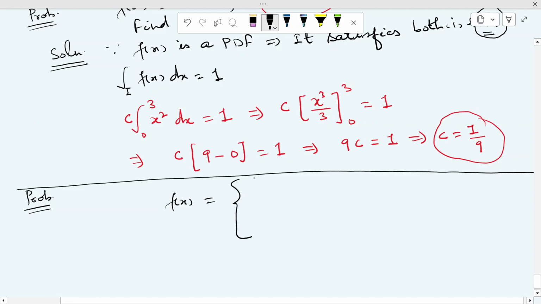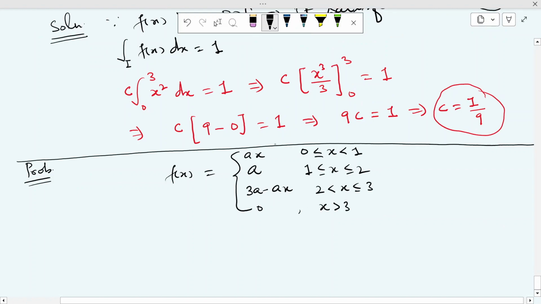So here we are given this function as ax when x lies between 0 to 1, and it is a when x lies between 1 to 2, and it is 3a minus ax when x lies between 2 and 3, and it is 0 for x greater than 3.